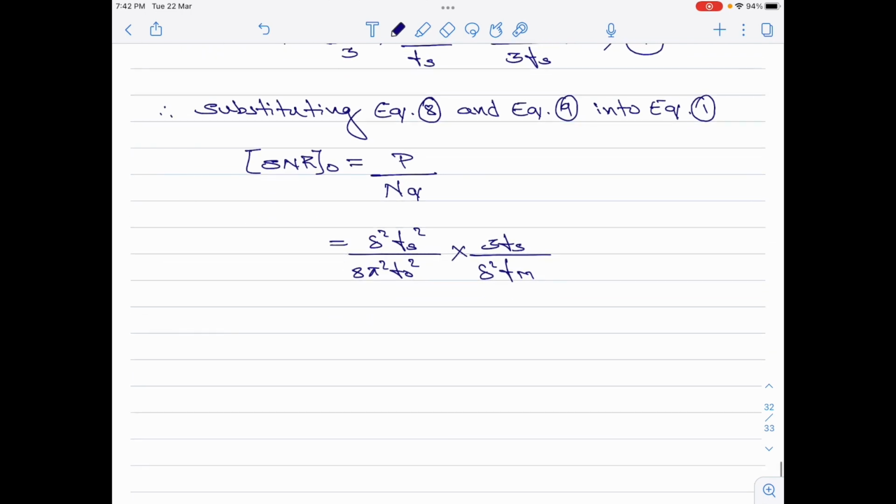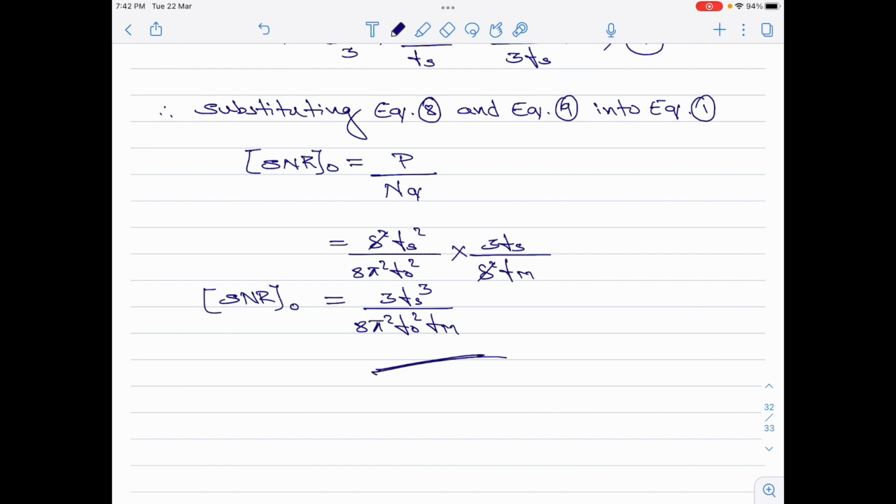So, let me simplify this. We have delta square here and delta square here. So, what remains is equal to 3 Fs cube divided by 8 pi square f naught square Fm, which is the SNR output. Right.